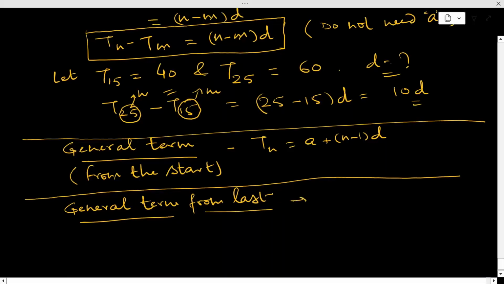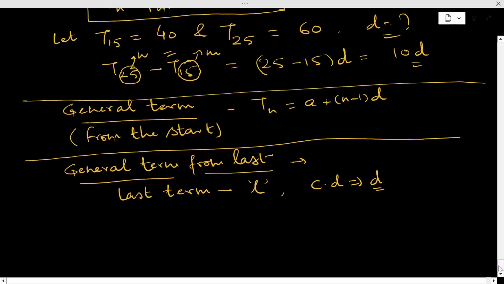Let us consider that we have an AP whose last term is known to us. Let's say it is L, and the common difference is d, and suppose we have to determine the nth term from last. Okay, again we have to determine Tn, but this time from the last.